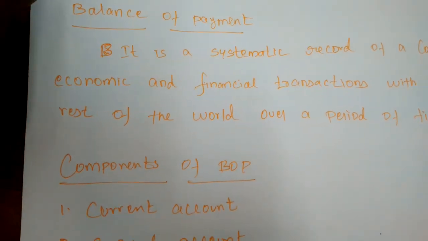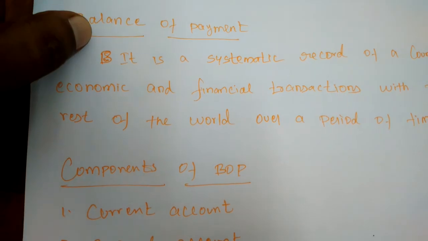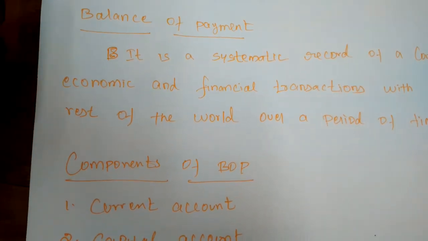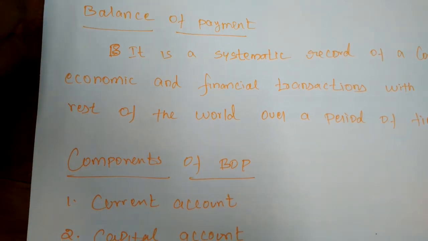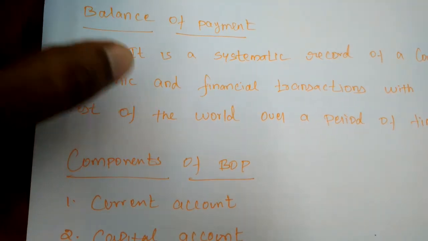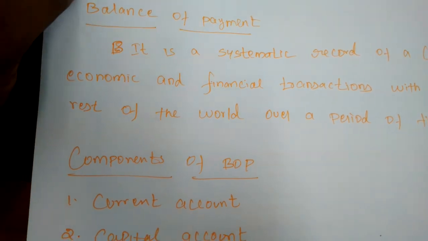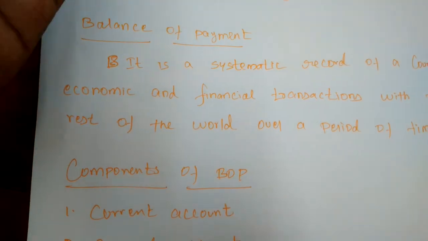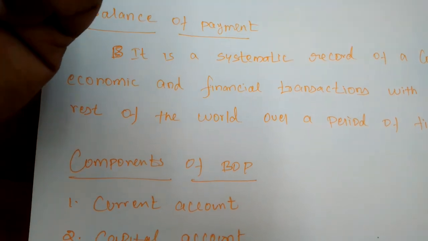When a payment is received from a foreign country, it is a credit transaction, while a payment to a foreign country is a debit transaction, as in our internal trade. If you are selling any commodities, we will receive the money.